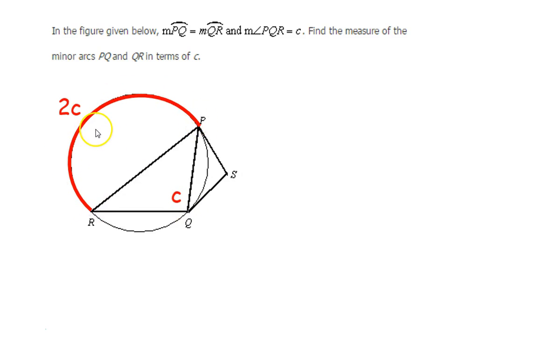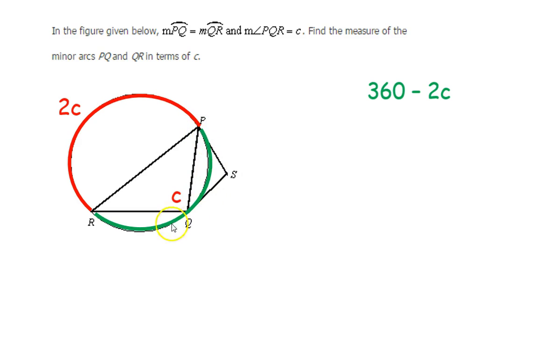So that's not what we're looking for, however. We're looking for these two arcs right here. But we'll notice that those two arcs make up the remainder of the circle, and we know that there are 360 degrees all the way around the circle. So these two arcs together, PQ and QR, have to be 360 minus the 2C.